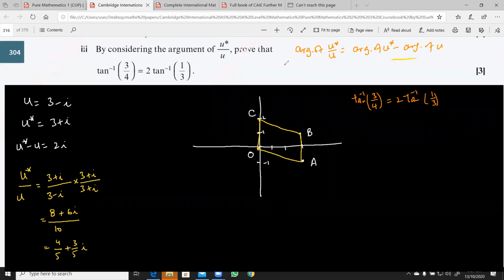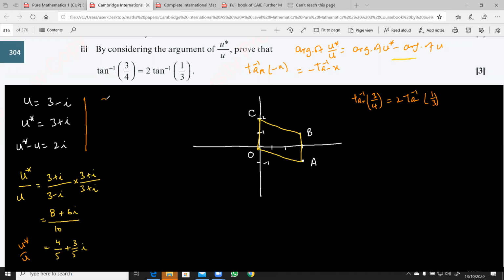Second thing that you need to remember is that tan of minus x can be written as minus tan of x, and this applies to the inverse as well. Okay, so tan inverse of minus x can be written as minus tan inverse of x. Okay, first of all, the first relation, this is your u star over u.